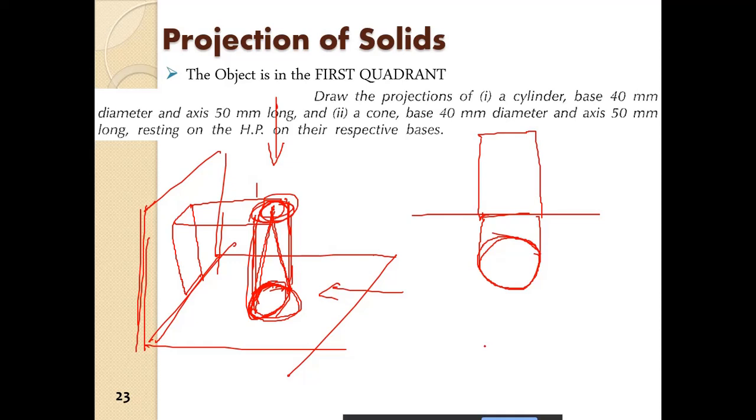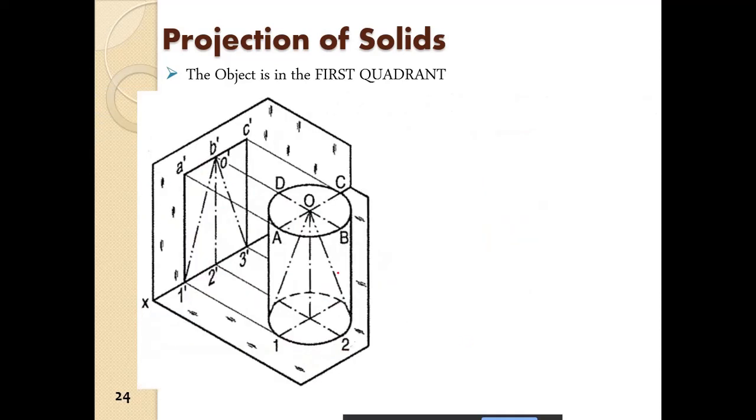Now in case of the cone, okay, so this is the object, this is the cylinder, in front. So this is the front view and this is the top view.